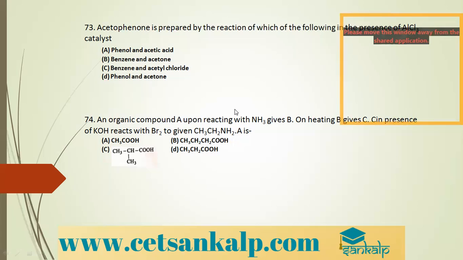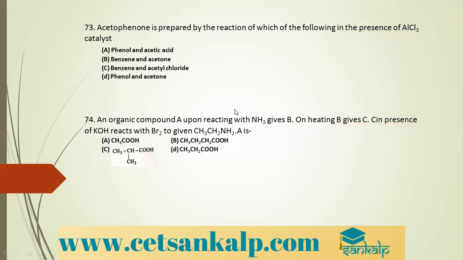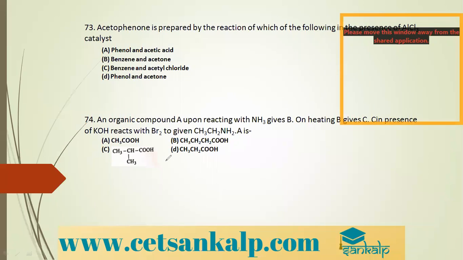Okay. Then an organic compound A, upon reacting with NH3, gives B. On heating B, gives C. C in presence of KOH reacts with Br2 to give CH3CH2NH2. So what is A, they have asked. Very interesting questions. As last time I have already told you, I love such type of questions.